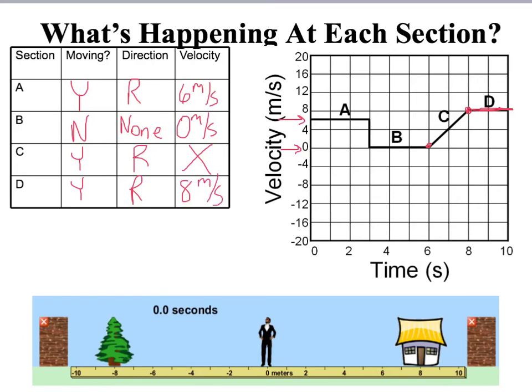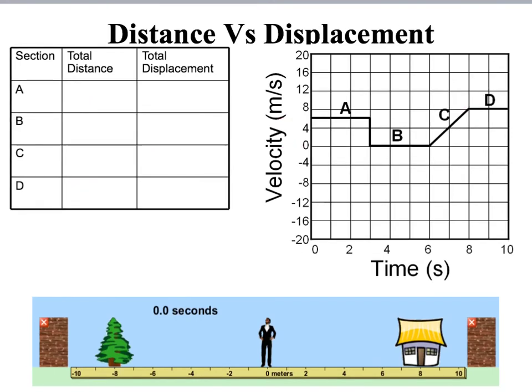Let's take this apart a little bit more. We can actually figure out the total distance that's traveled using our special friend v equals d over t. So during part A, the velocity is 6 meters per second. We don't know the distance that's been traveled, but we do know that part A lasts for 3 seconds.